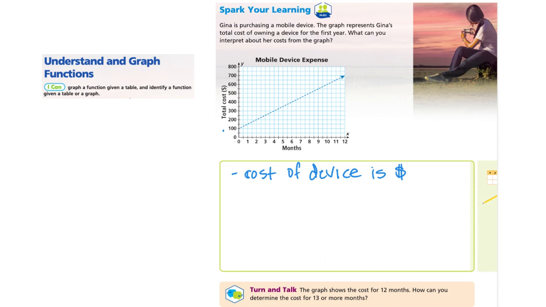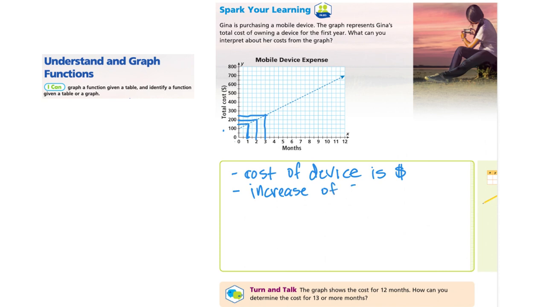But then also, let's look at one. So that's at zero. But if we look at one, that lines up with that, which is right in between 100 and 200. So that's an increase of $50. And if we look again at two, that goes to 200. Three goes to 250 after 3 months.